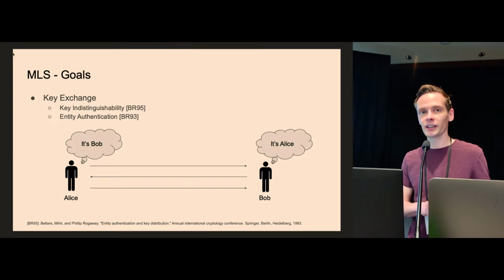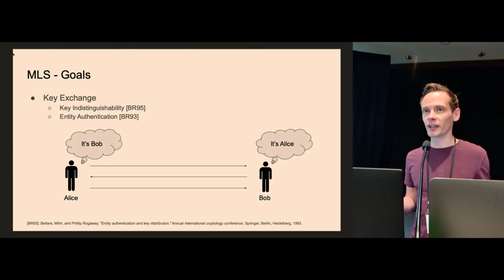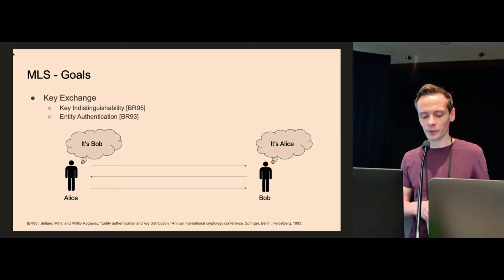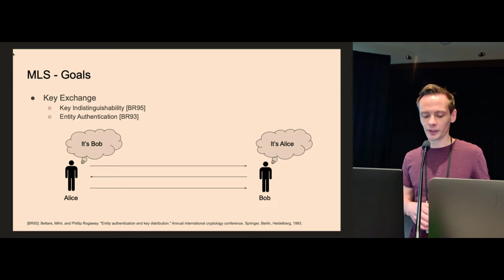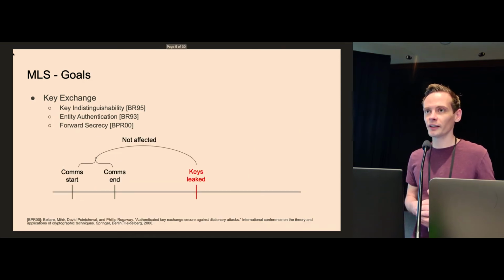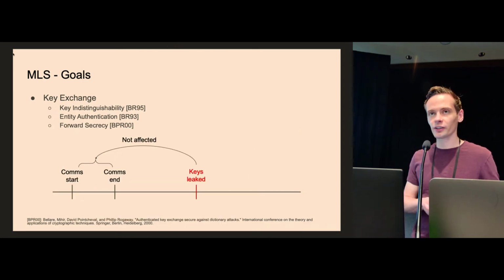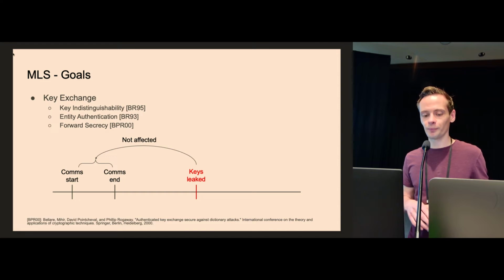A second property is entity identification. This requires that Alice and Bob get some guarantees on the party they're communicating with, to ensure they're not communicating with someone else or there's not someone in the middle. Then there's a more recent security property of key exchange, which is called forward secrecy.